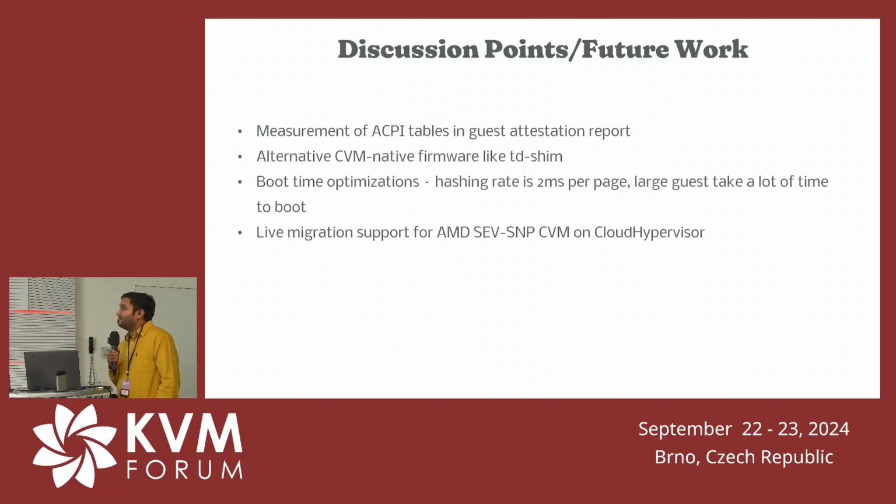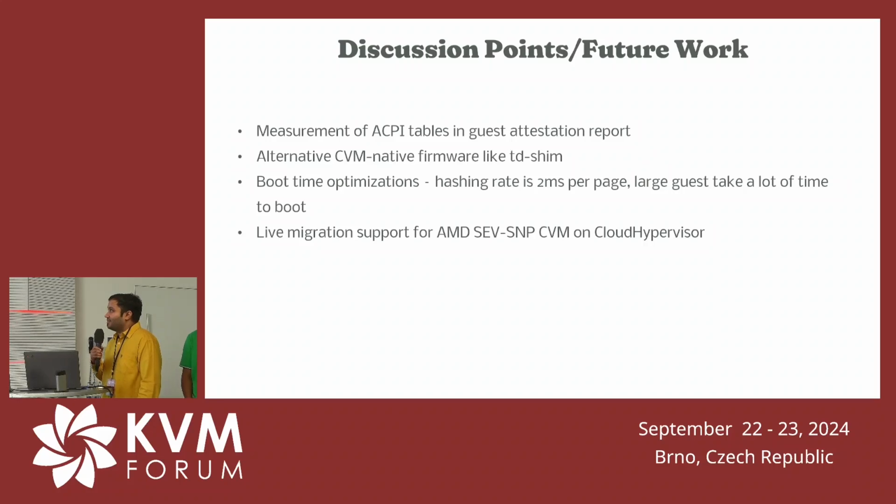But we have some discussion points and future work that we want to do to improve the performance even further. One of the things that is a bit troublesome is ACPI tables. ACPI tables usually contain a lot of dynamic information, and if you want the ACPI tables to be part of the attestation report, then you need to generate ACPI tables for each of these pieces of dynamic information.